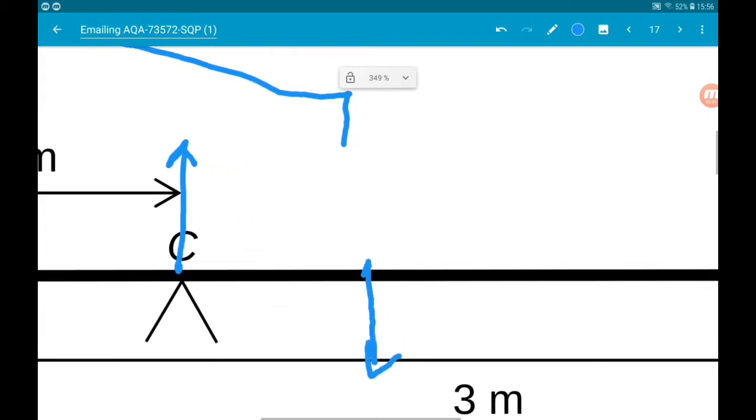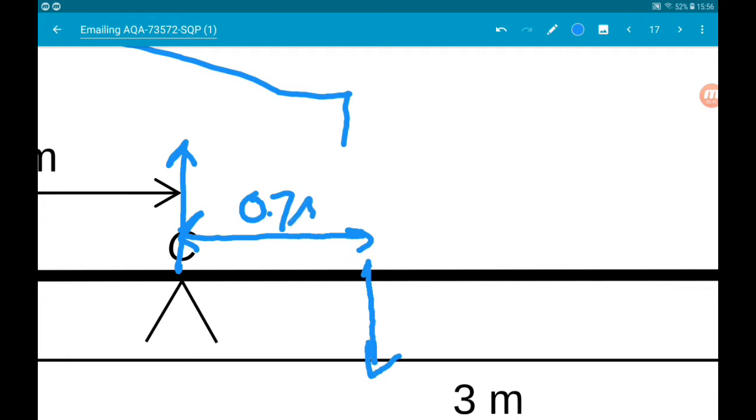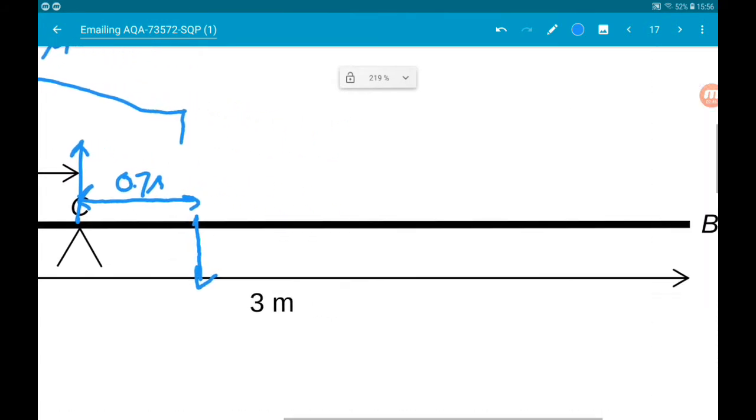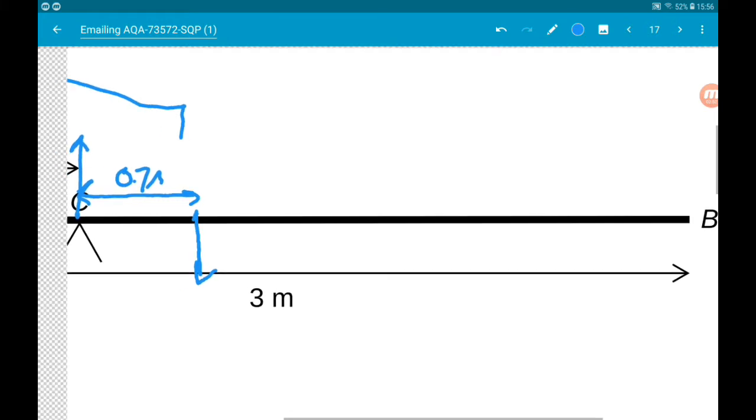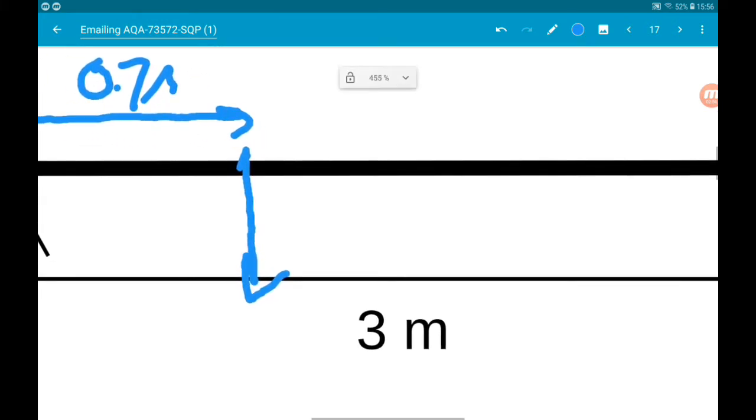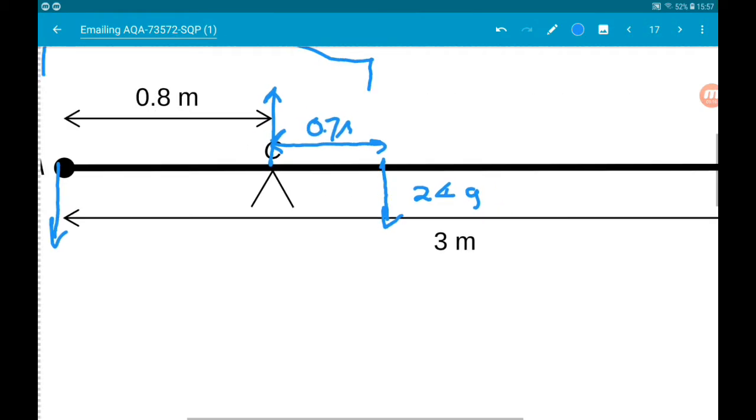So that is 0.7 meters from the pivot, and it's going to be 1.5 meters from point B, but we're not really worried about that. So the force here at this point is 24 times gravity.